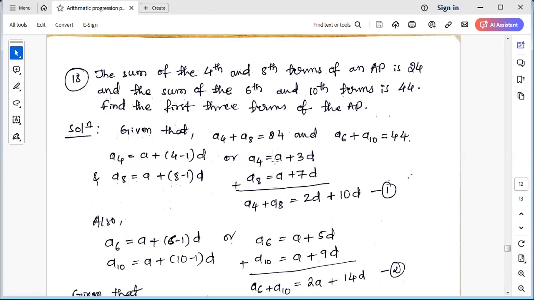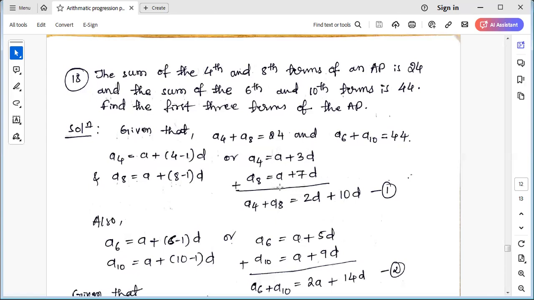Similarly, the eighth term equation is a8 is equal to a plus (8 minus 1) into d, so a8 is equal to a plus 7d, because 8 minus 1 is 7. Now these are the two equations.